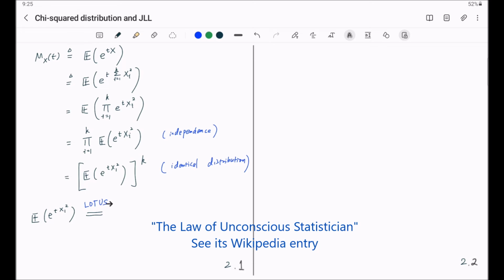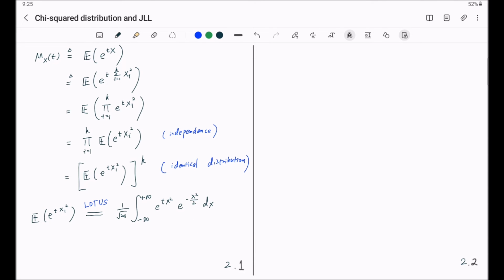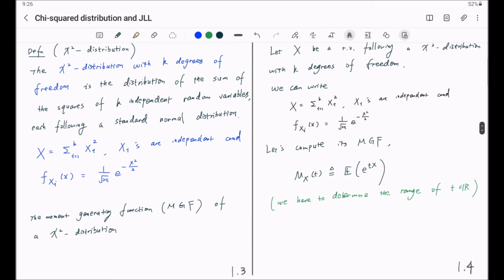By the law of the unconscious statistician, this expectation is equal to the integral of the density function with an additional term which plays the role of this continuous function. Here, this little x is just a real variable. I recall that this underlying part is the probability density function of a standard normal distribution.